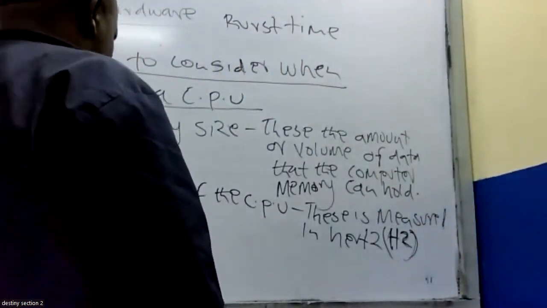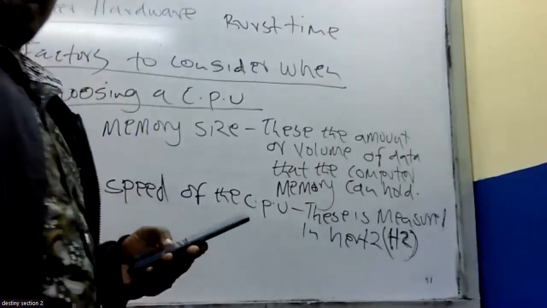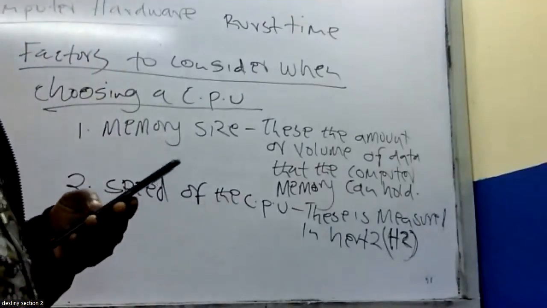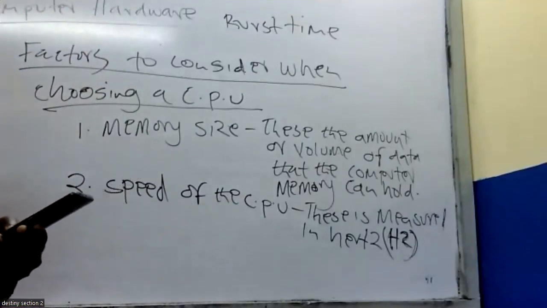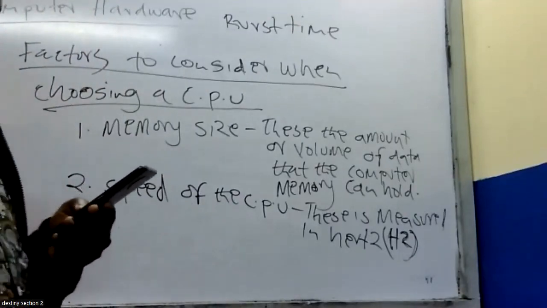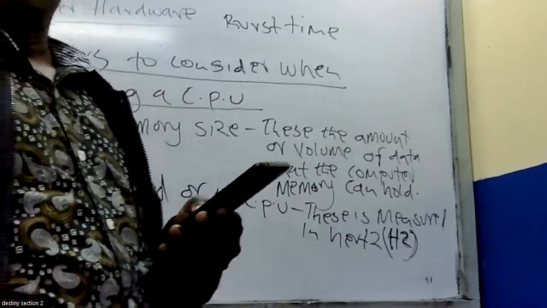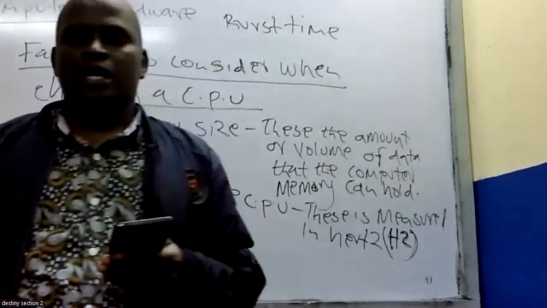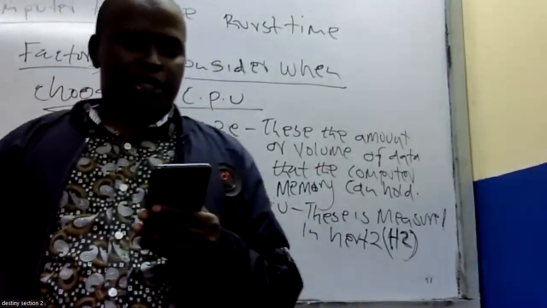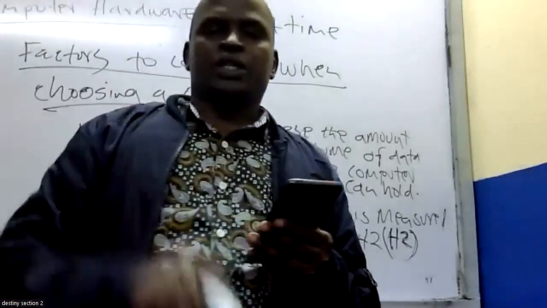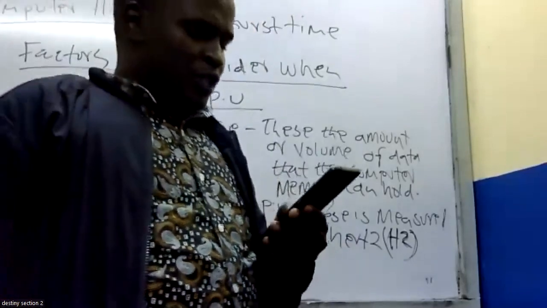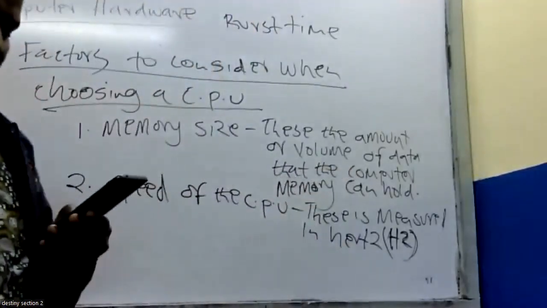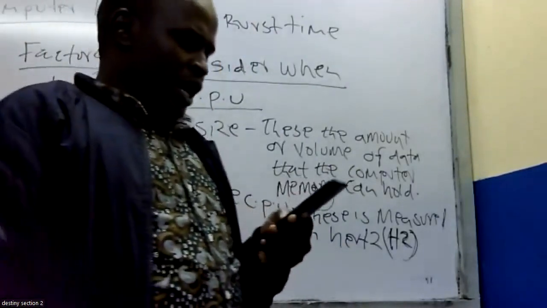The higher the speed, the faster the processing of data. The speed of the CPU is measured in hertz or gigahertz.